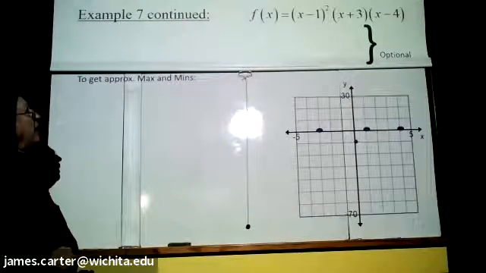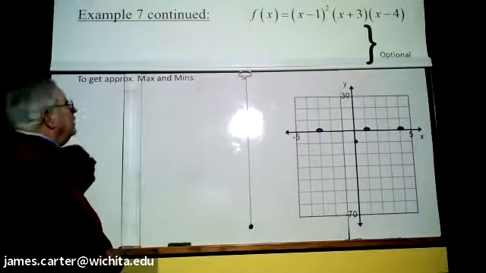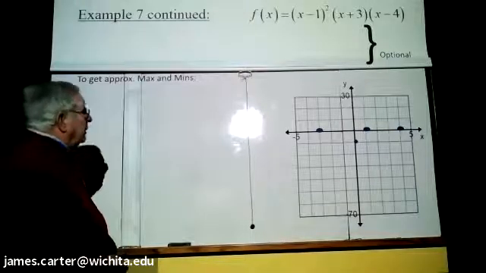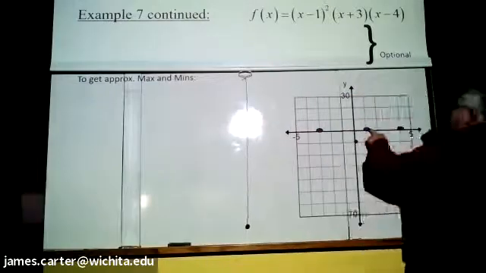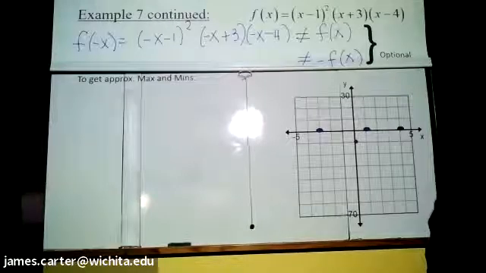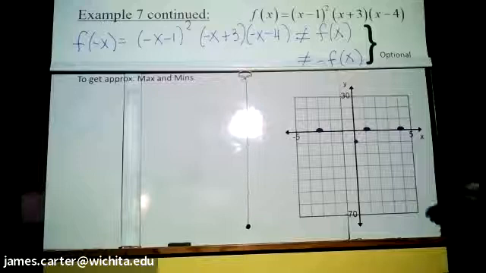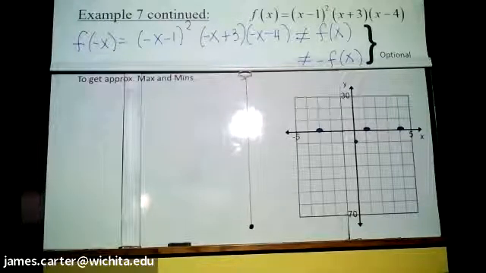Okay, we're going to graph this equation. In this case, the 1 is our point here. What are we doing here? They're testing for symmetry, and it's not, but that's an optional step.